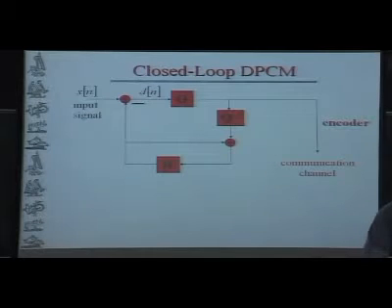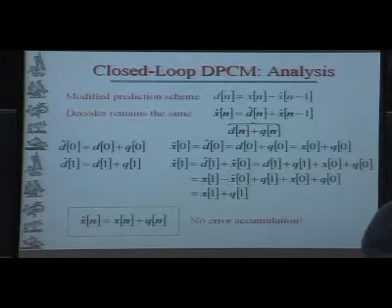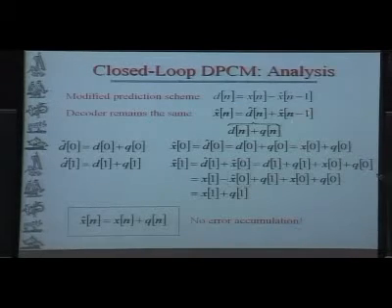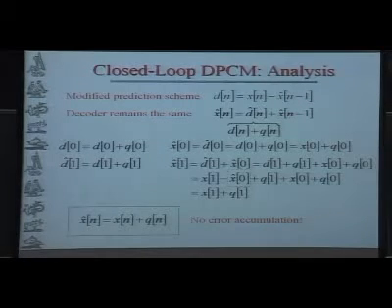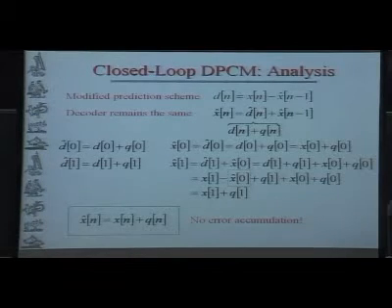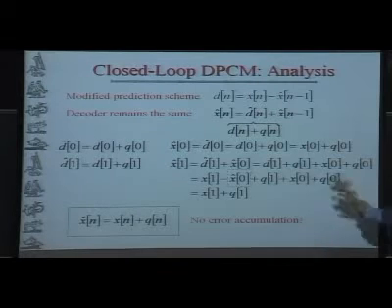So the difficulty of this scheme is that you need the reconstruction at the encoder. What does that mean? That means the encoder knows everything. The encoder has the decoder.